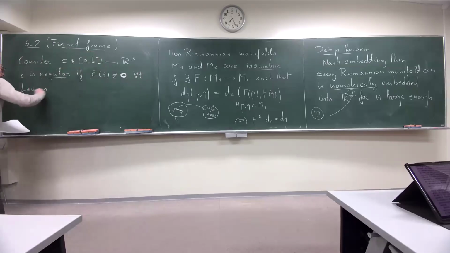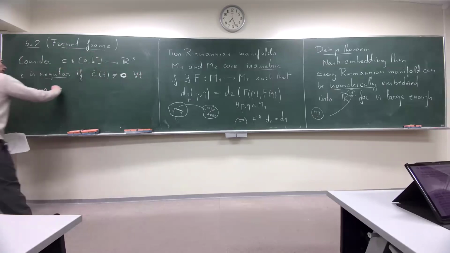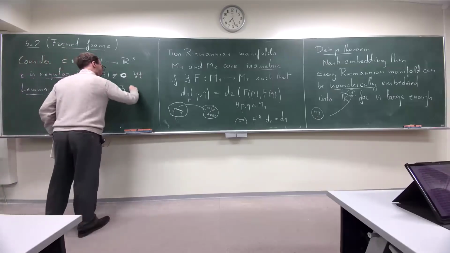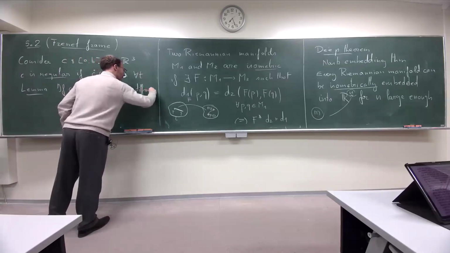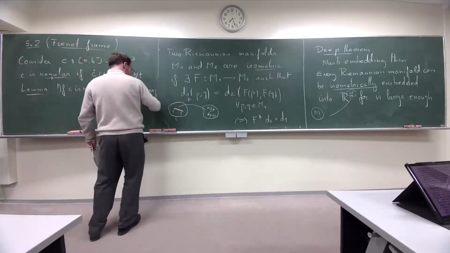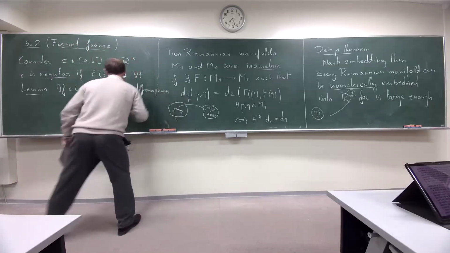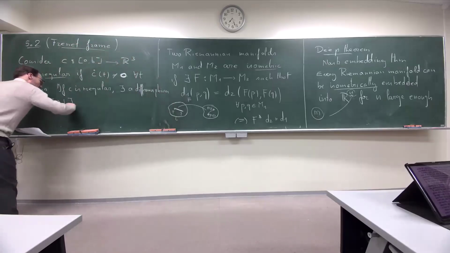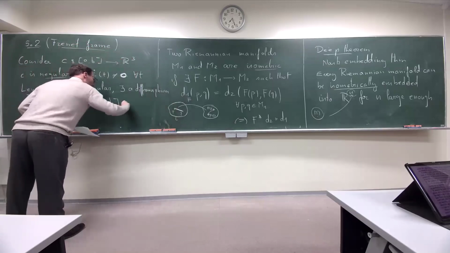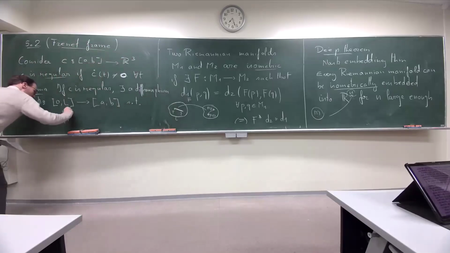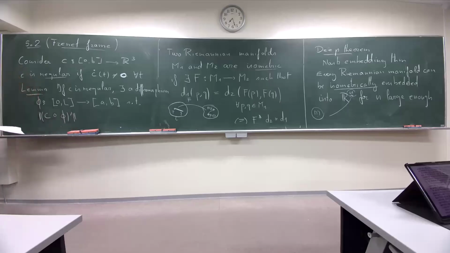Lemma. If C is regular, there exists a diffeomorphism phi from 0 to L to AB, so that when you compose C with phi, take its derivative, and take the norm, this is always 1.